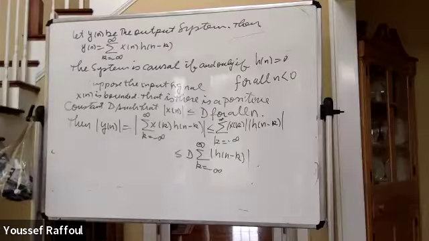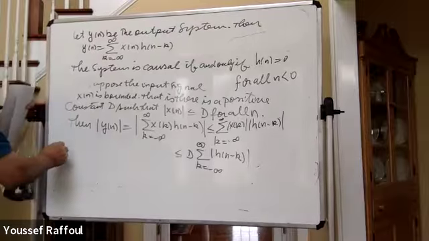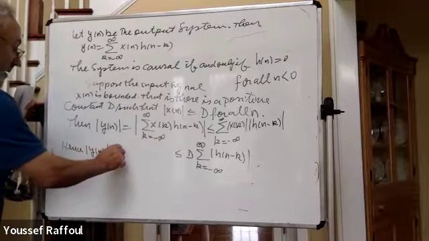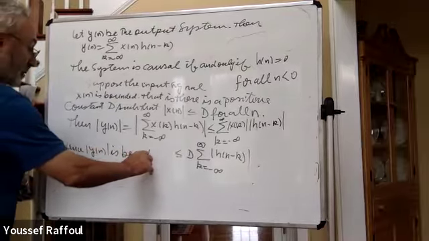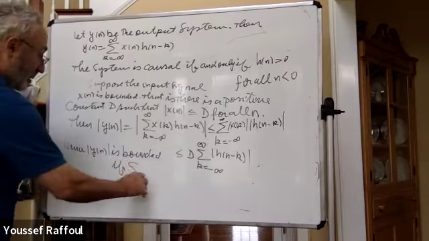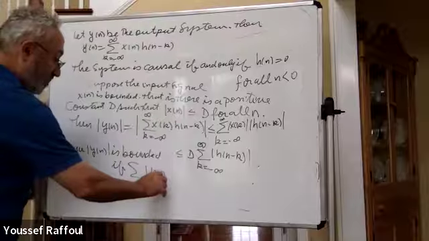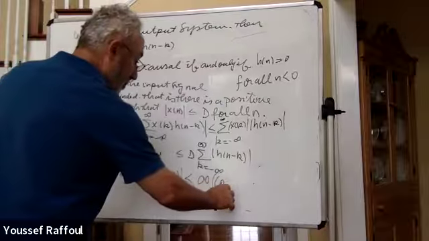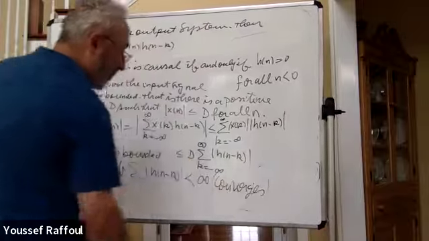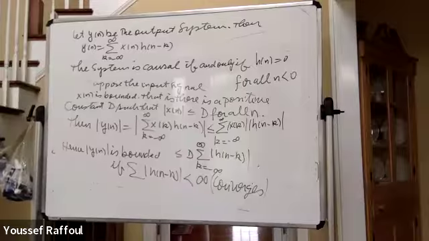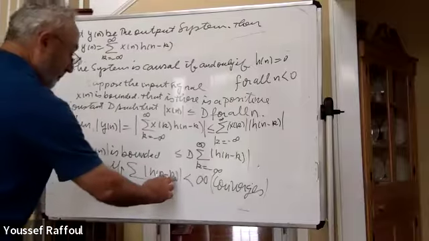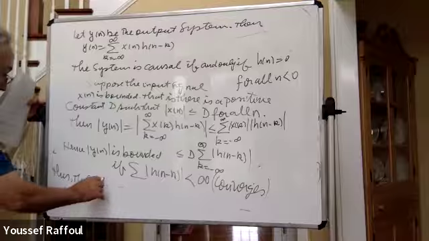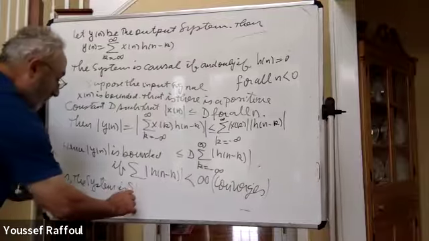So hence, yn is bounded if this hn minus k is bounded, converges absolutely. Thus, the system is stable.